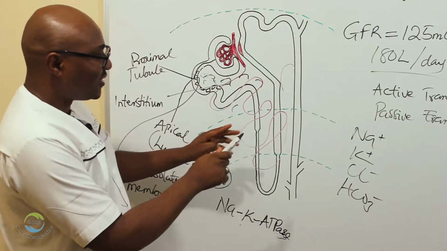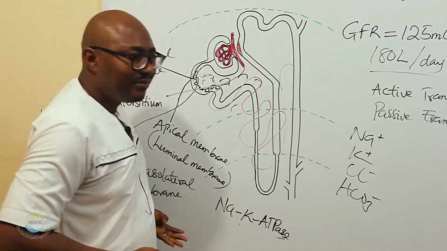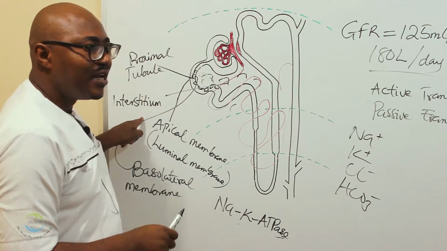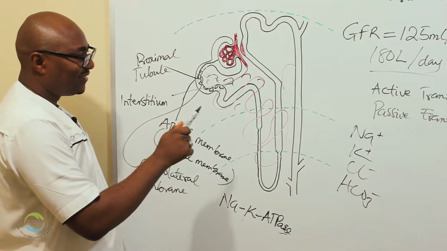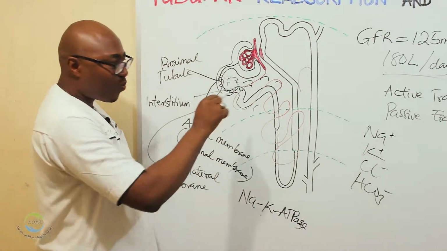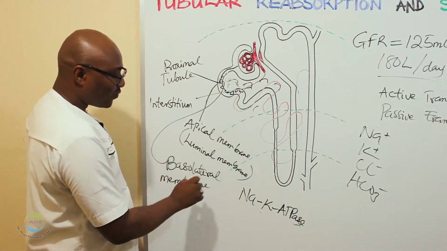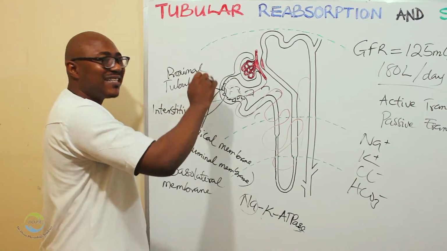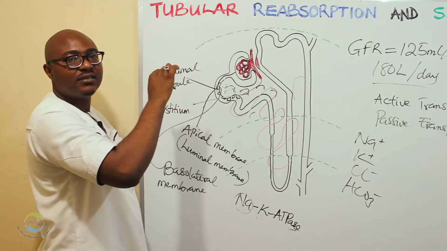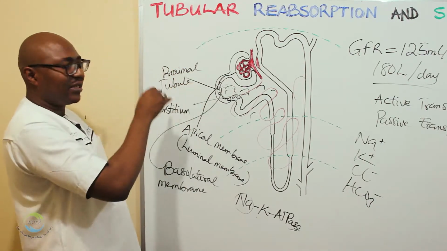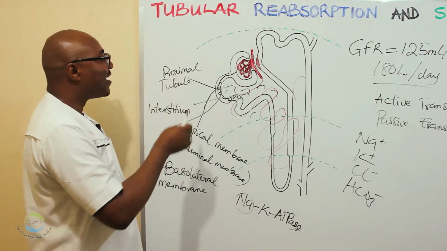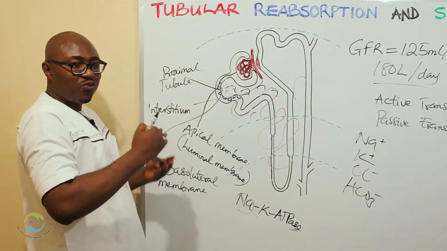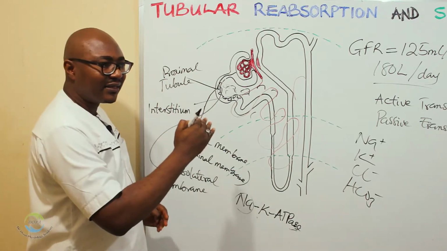Now we're going to talk about it because one of the major solutes that sodium carries is glucose. And glucose has a property that is opposite that of sodium, in the sense that glucose is always higher inside the cells than outside. So whenever glucose wants to go inside the cell, it's going from where it is less to where it is greater.